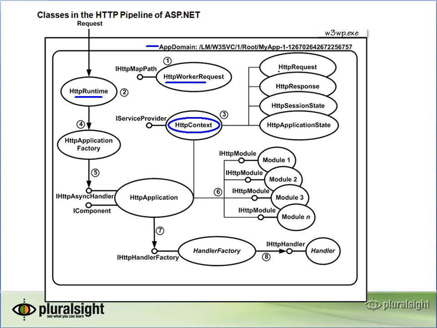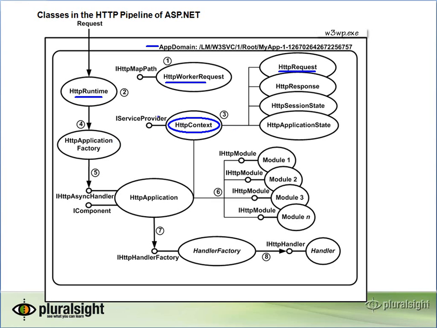For example, you have access to the request object, HTTP request, the response, the session state, the application state, among other things. So anytime you're looking for context or request relative information, you typically are going to be reaching for the HTTP context object.